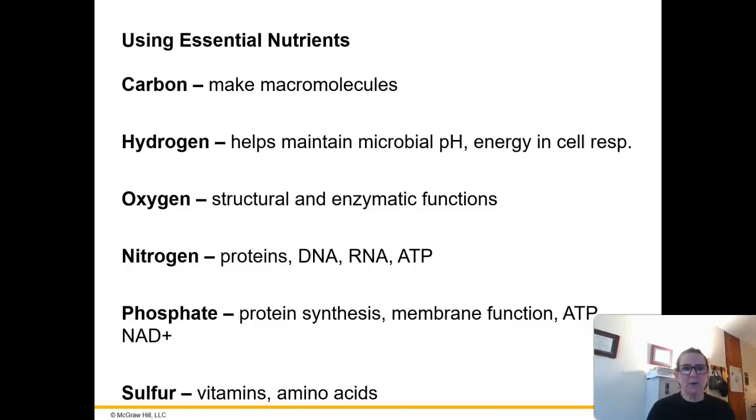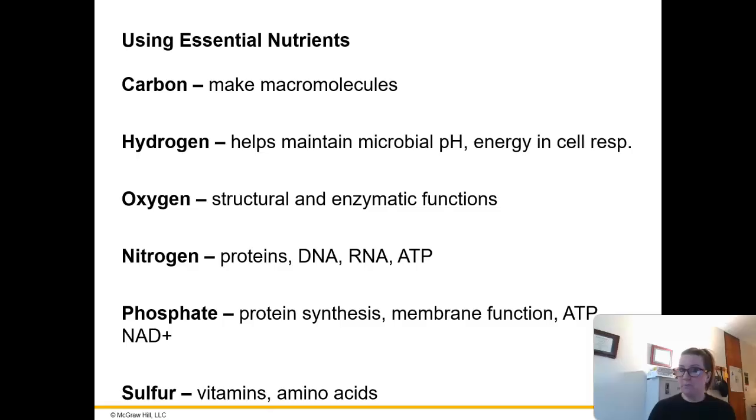All right. So we want to think in a little more detail about why microorganisms might need these particular essential nutrients. I already mentioned it a little bit before, but if you like it kind of detailed out, it's here. So carbon is going to make up our macromolecules. So proteins, lipids, nucleic acids, carbohydrates.